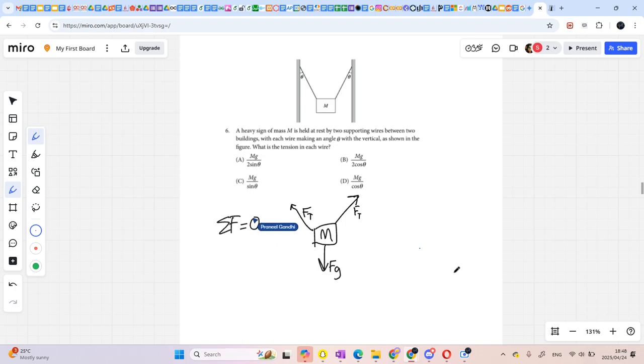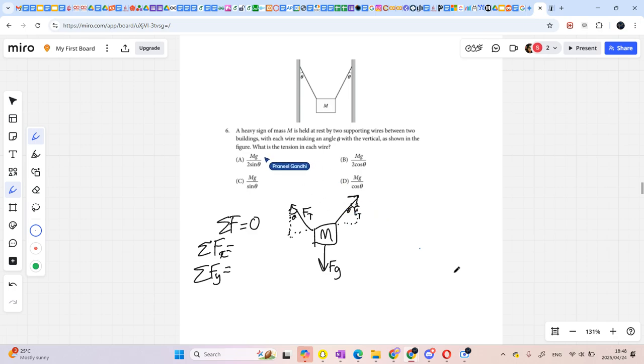We can break that down into the sum of forces in the x direction and the sum of forces in the y direction each equaling 0. For the x direction, we have the horizontal components of the two tension forces. We have this angle theta and theta.